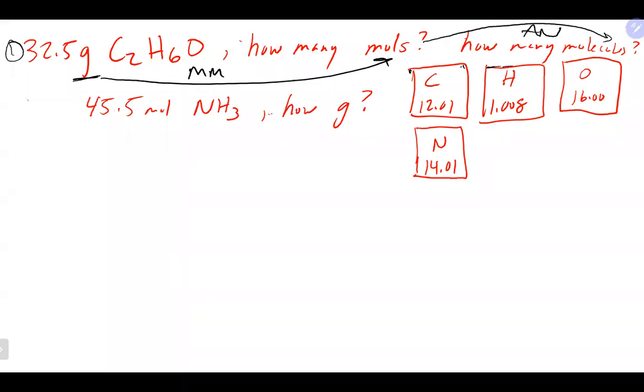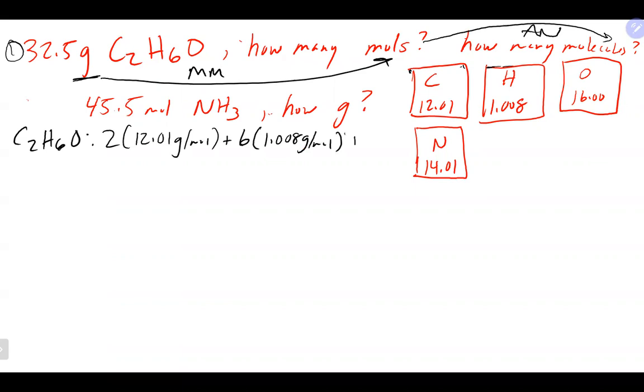So again, we're just going to go to the periodic table and add up all the parts. So for C2H6O, there are 2 carbons, each at 12.01 grams per mole. We then have 6 hydrogens, each at 1.008 grams per mole from the periodic table.